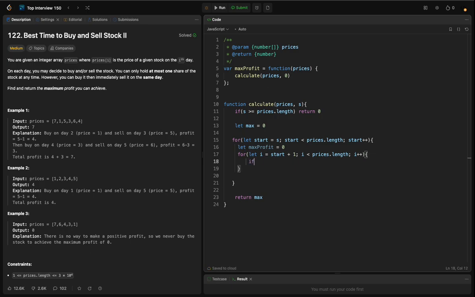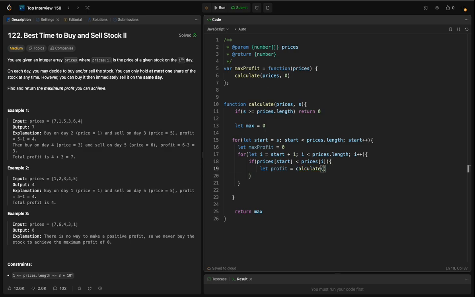And I will say if prices of start is less than prices of i, if that was the case, that means we have a profit. So let profit equal, we call calculate again because we try to calculate it again.